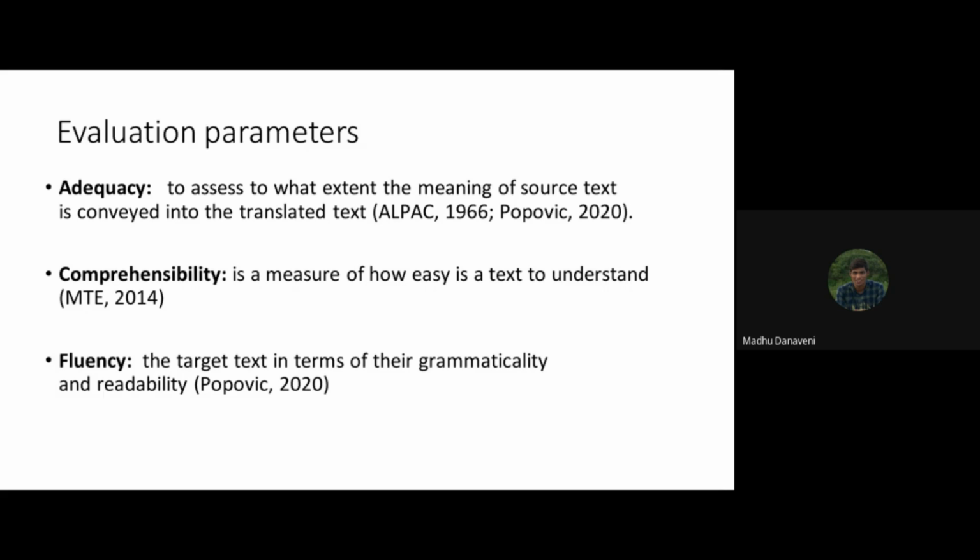This is a method used by Halliday, as we can see in the reference, 1966. Comprehensibility is a measure of how easy a text is to understand. Fluency measures the target text in terms of grammaticality and readability.